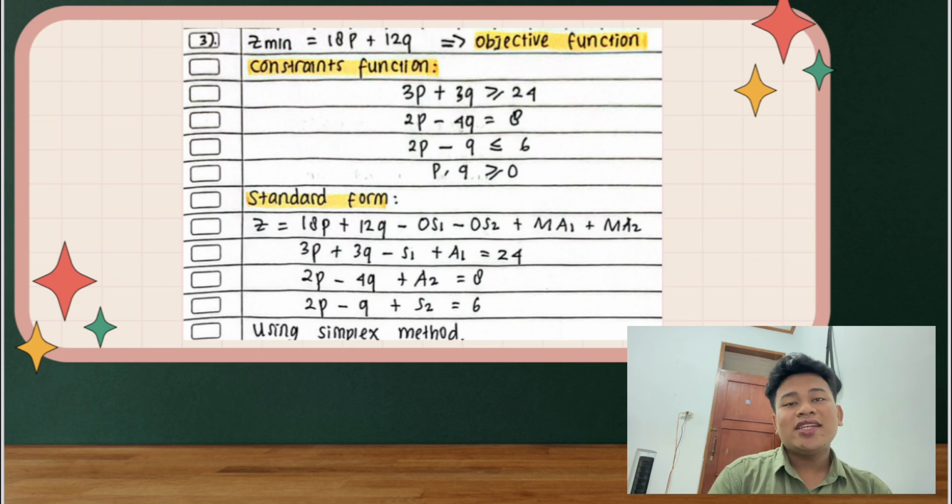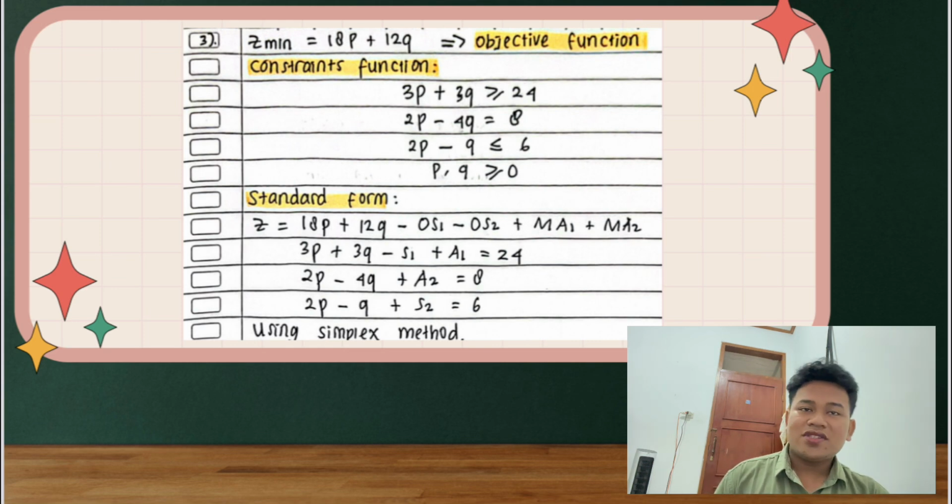And then in the second equation, 2p - 4q + a2 = 8. We add an artificial variable only, without s, because it is an equality. And then in the last equation, 2p - q + s2 = 6. We add s because it is less than or equal to, without adding an artificial variable.